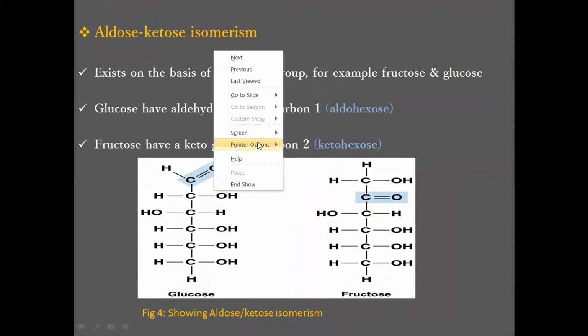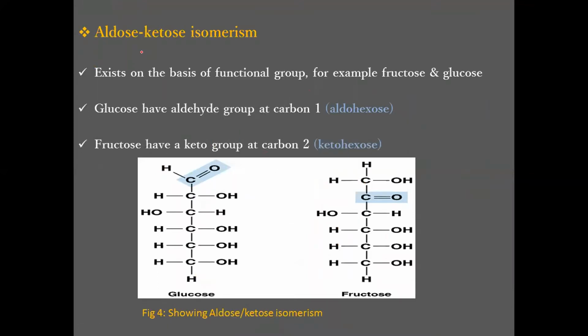Next one is ketose and aldose isomerism. This type of isomerism exists on the basis of functional group. We will discuss fructose and glucose as an example.